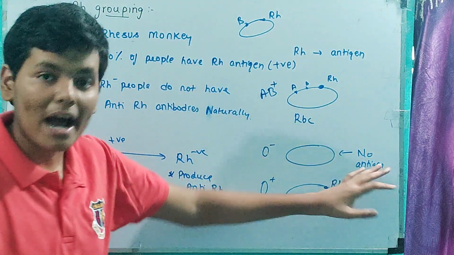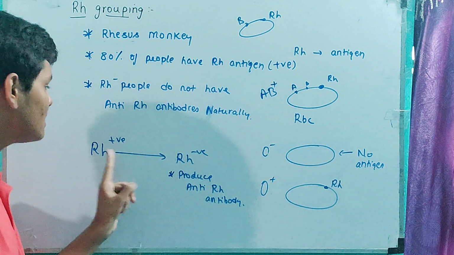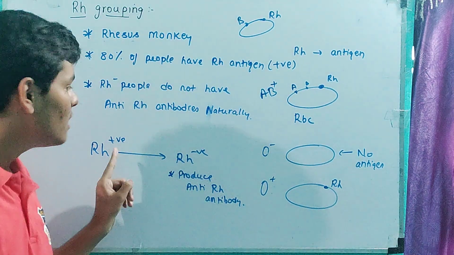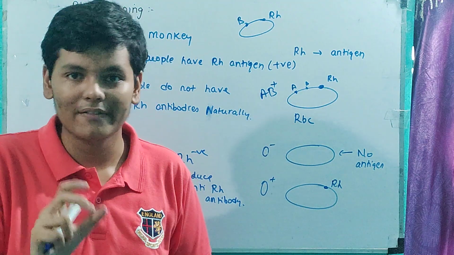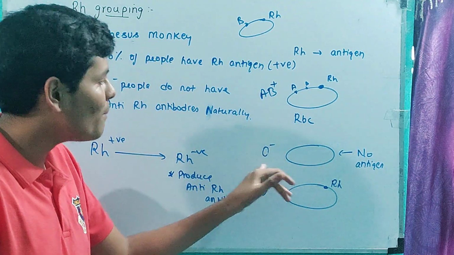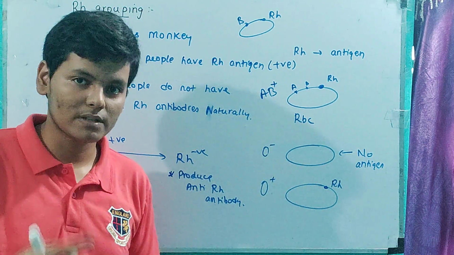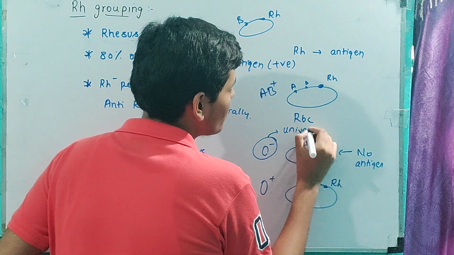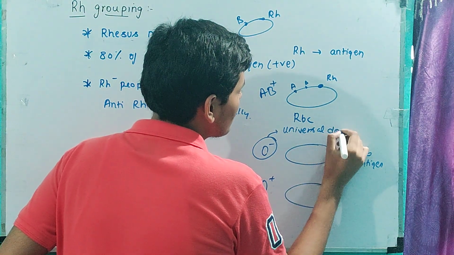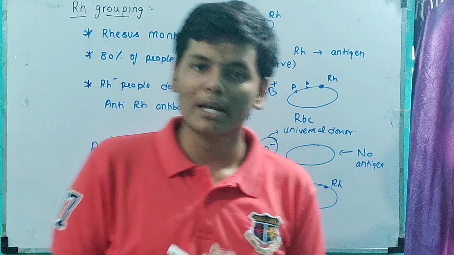So since there is no antigen, if we donate the blood of O minus to a person who is RH positive as well, the person will automatically not have any anti-RH antibodies. So O minus is called the universal donor. We know that the O group is the universal donor, and in that, O negative is the universal donor. And AB positive is the universal recipient. So this was the main concept.